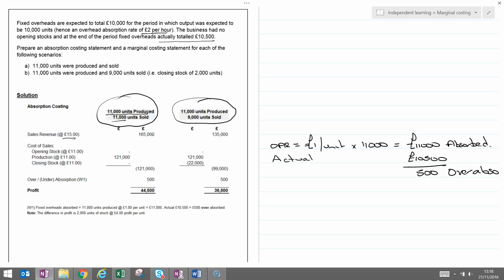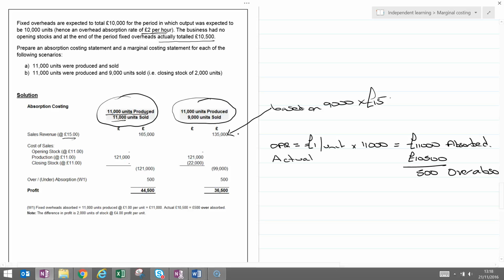So scenario number 2, we have still produced 11,000 units, but we've only sold 9,000. So our sales revenue is based on 9,000 units, which we sold for £15 each. So that's where the 135,000 comes from.